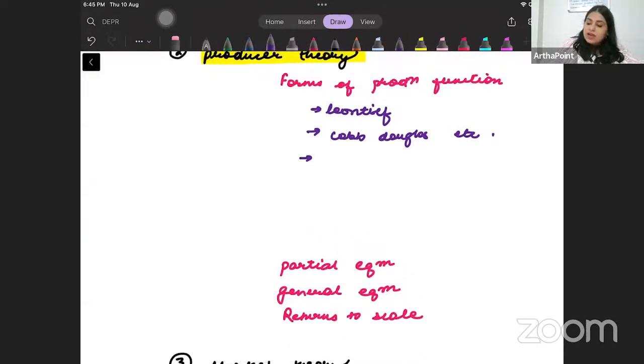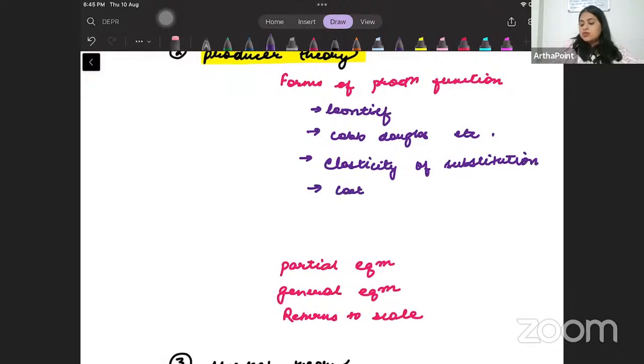So you should be well aware of what is elasticity of substitution. Right? You should be aware about elasticity of substitution. You should be well aware about the cost theories. Right? So when it talks about this, you should ideally be aware about all the things. Production maybe and cost maybe.